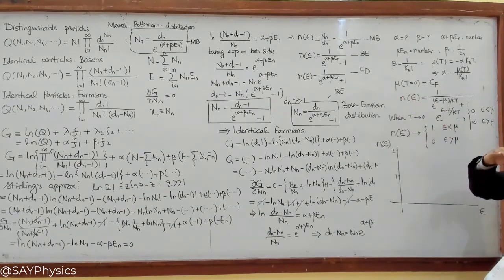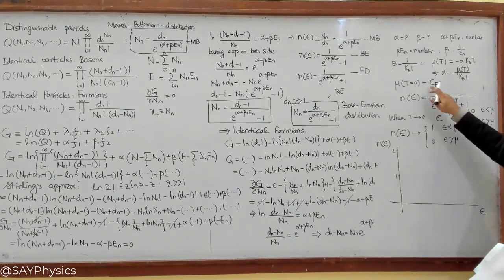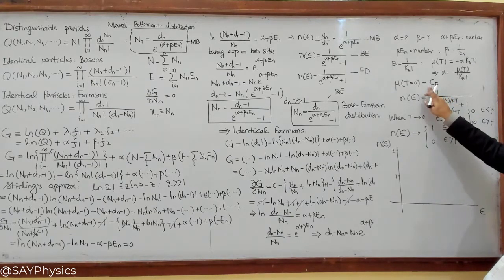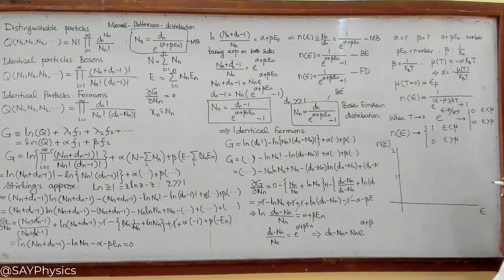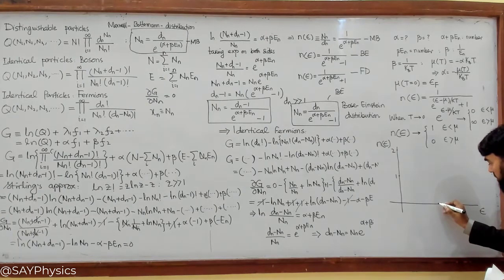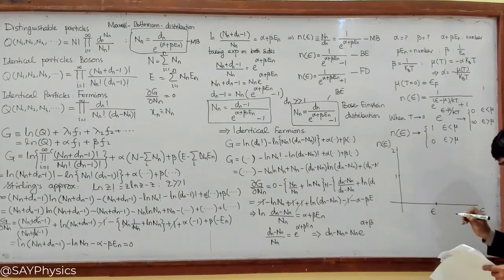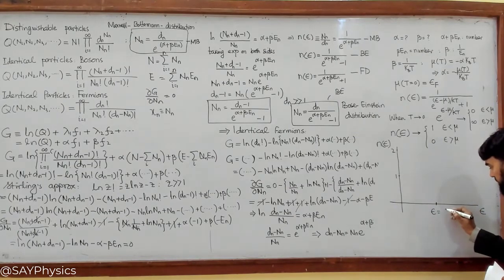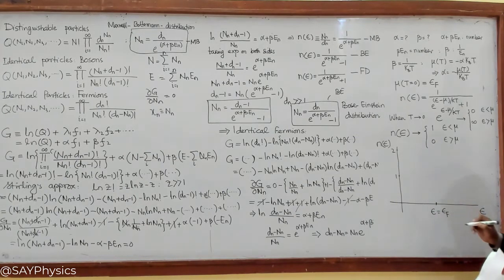The utmost level which will be occupied will have its energy equal to the Fermi energy of the system, and it will be the T equal to 0 situation, right? It is the absolute zero situation. And let's say this is that value of E, where E is equal to EF.